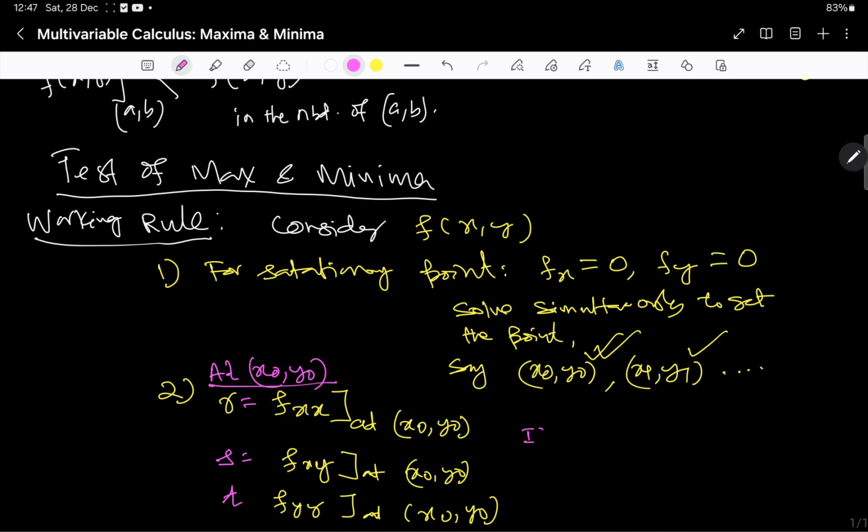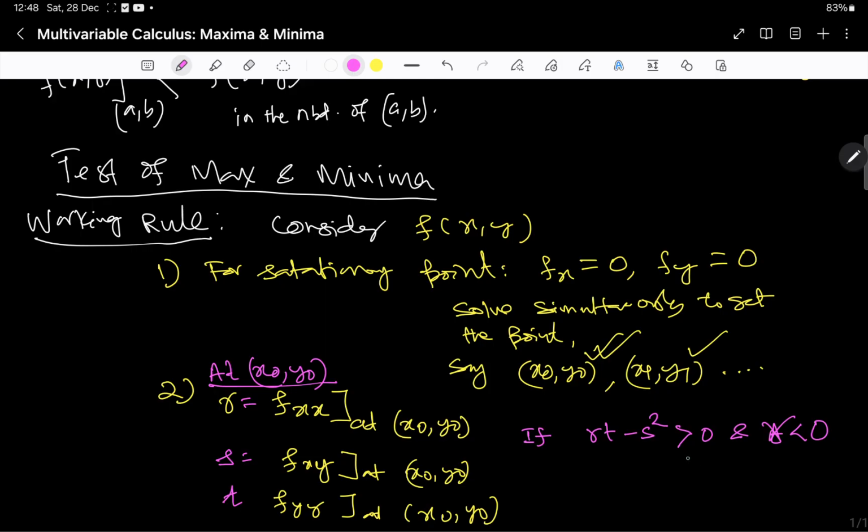If here rt minus s square is positive and r is negative, what does it mean?